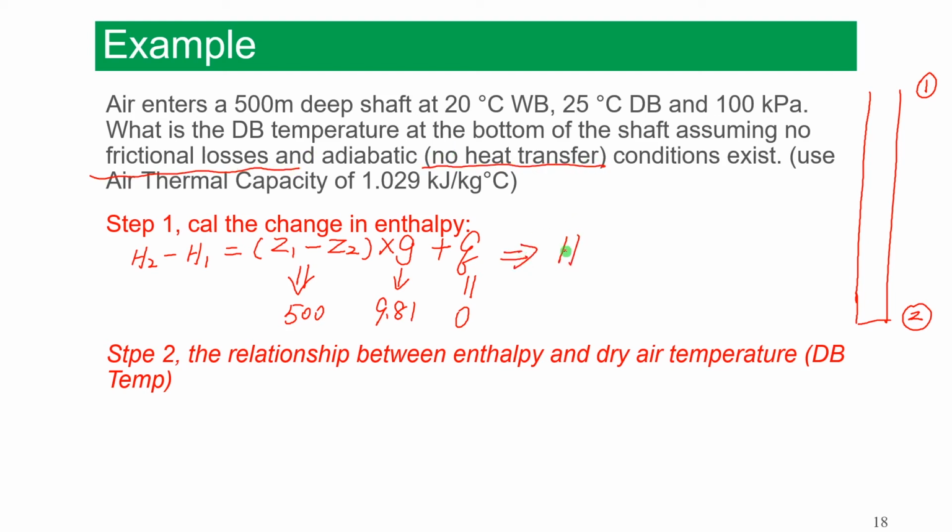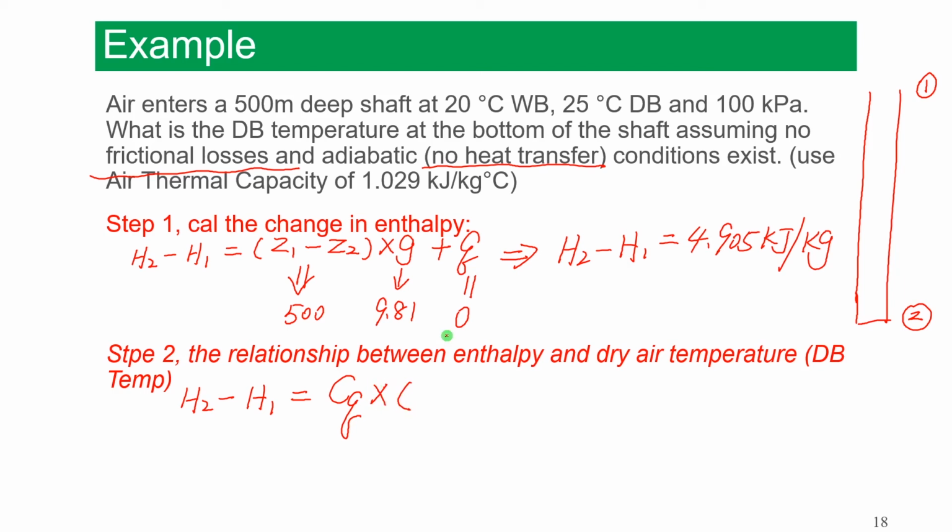So we can solve H2 minus H1 equals 4.905 kilojoules per kilogram. In the second step, by using the relationship between enthalpy and dry bulb temperature, we have H2 minus H1 equals air thermal capacity times T2 minus T1. This is 4.905.